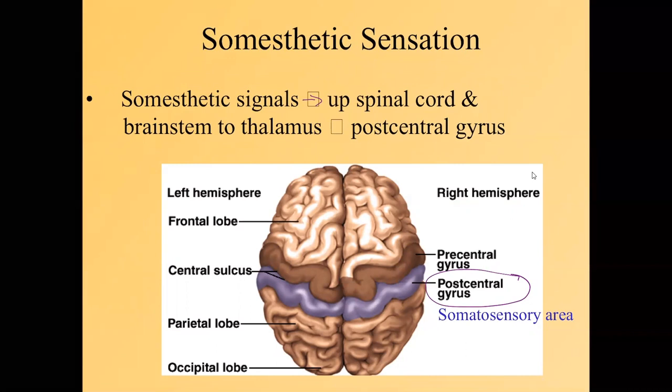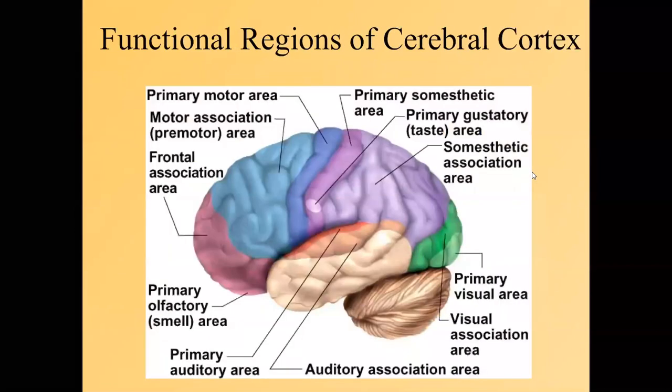Okay, so it's going to the back of your brain. The primary somaesthetic area is right here, this post-central gyrus.